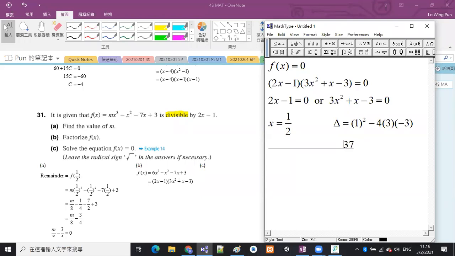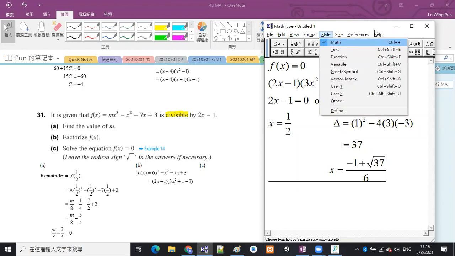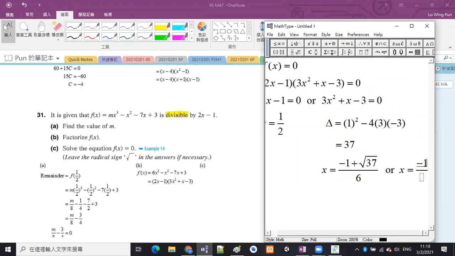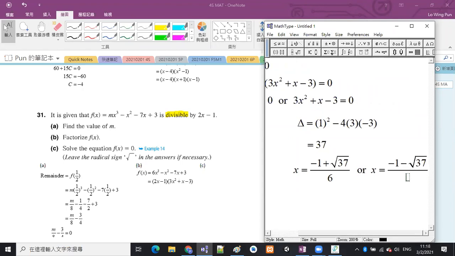Okay, delta is this. And then x is equal to negative b plus or minus. So I will separate: plus square root delta over 2a. 2a is 6, or x is equal to negative b minus square root delta over 2a. So that is like this.